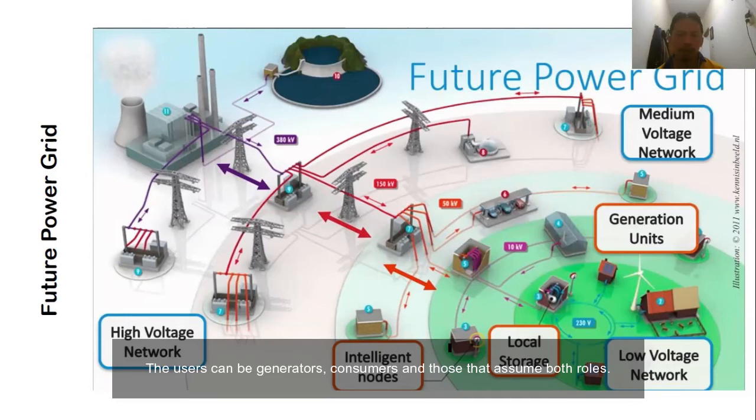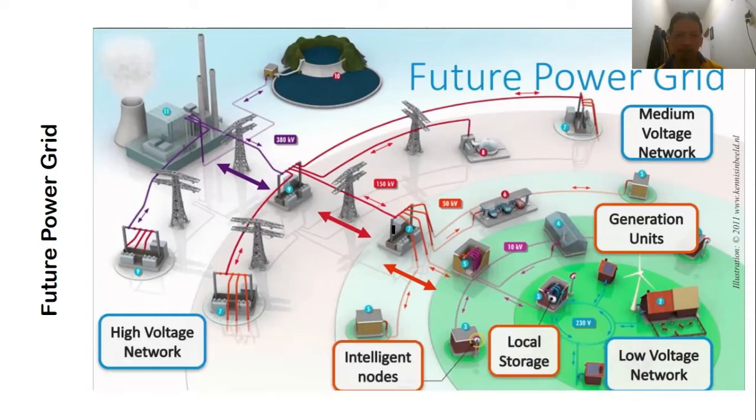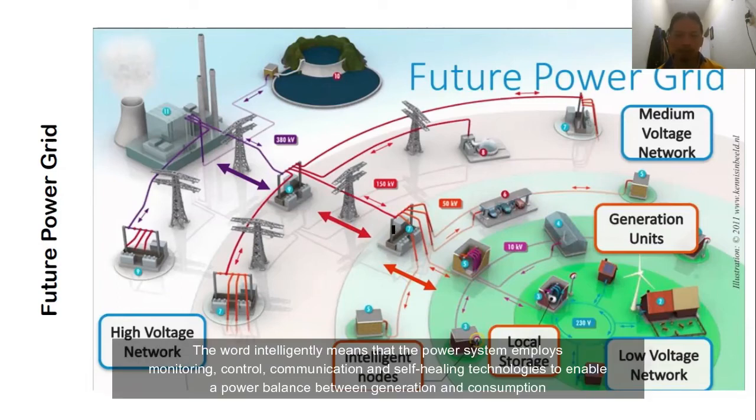The users can be generators, consumers, and those that assume both roles. The word intelligently means that the power system employs monitoring, control, communication, and self-healing technologies to enable a power balance between generation and consumption.